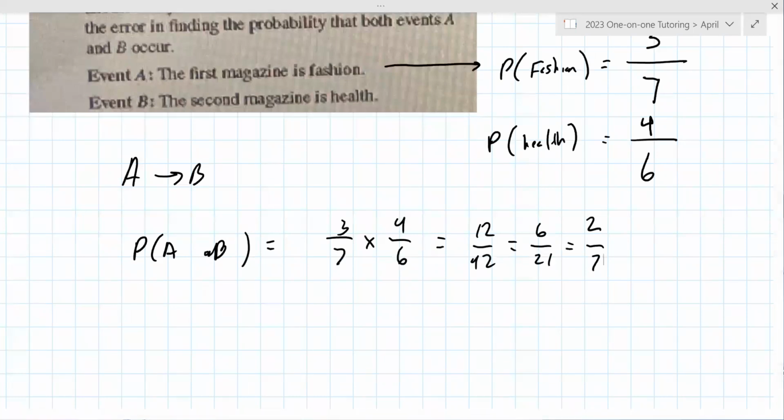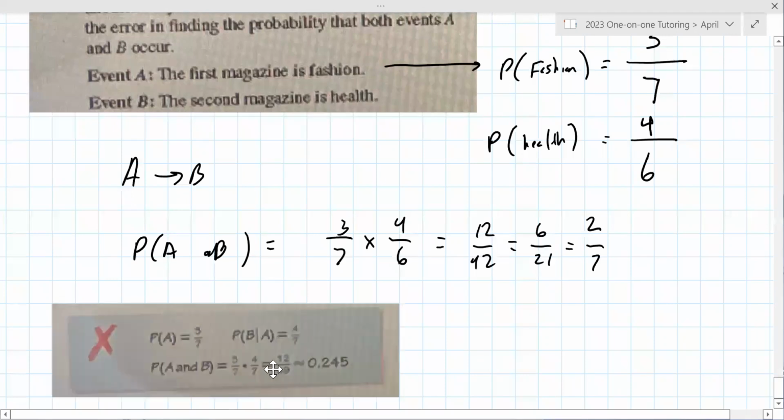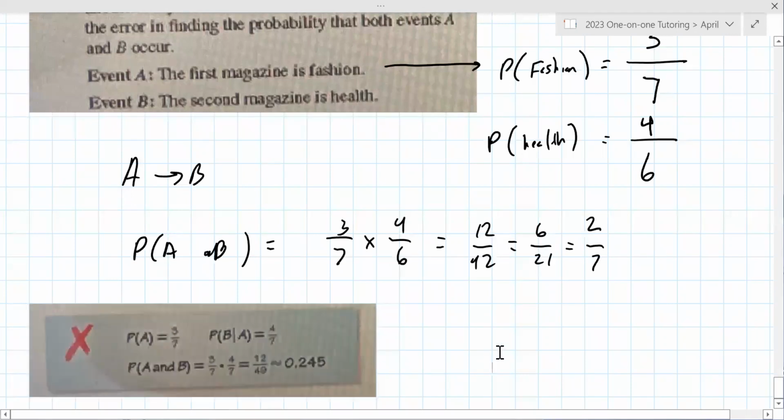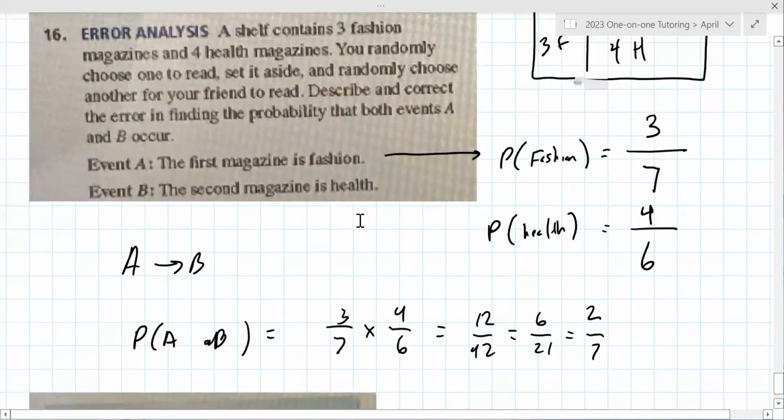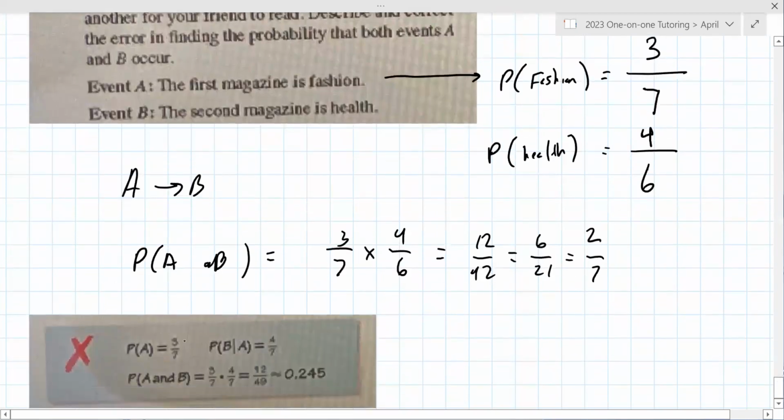All right, now let's look at the error. Let's see what they did, which we know is wrong because they're telling you to find the error. So they say the probability of A is 5/7. That's wrong. It's 3/7. There's 3 fashion magazines. So we know that's wrong.